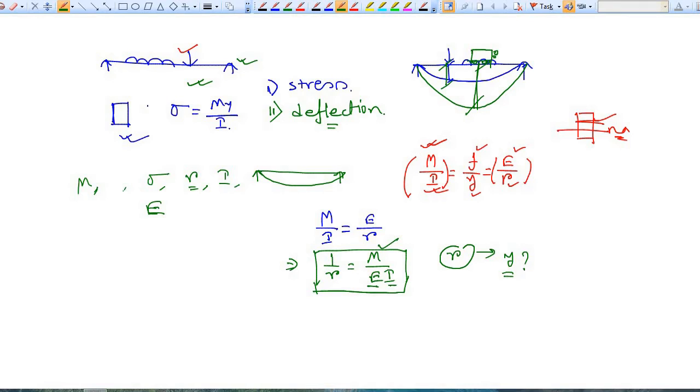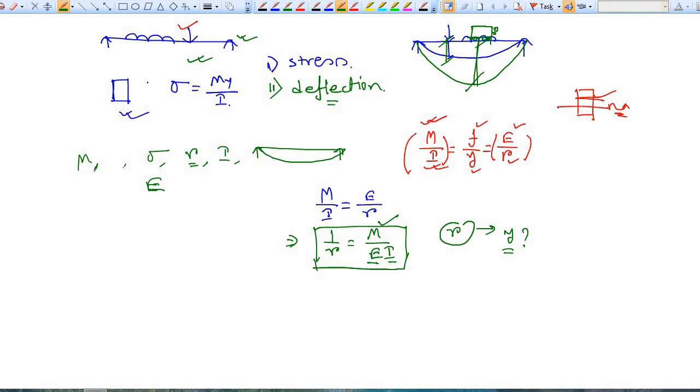Okay, so now consider a beam. Let's say this is our beam. Now apply some load on it. Well, we are applying only a point load. After application of this point load, what will happen? Simply it will deflect like this. This is the deflected shape.